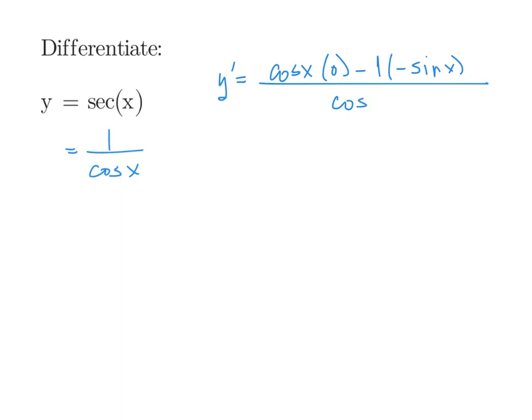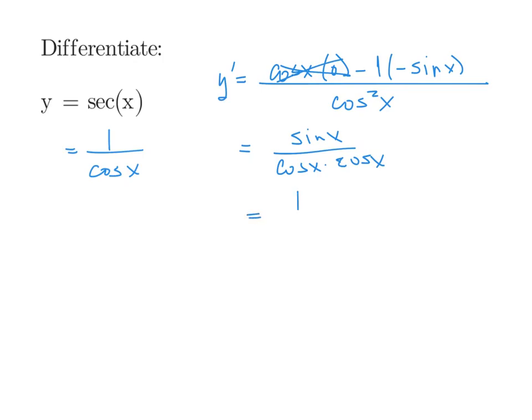So over cosine squared. When we clean this up, my first term is 0. So I'm just left with sine in the numerator and cosine squared in the denominator. I'm going to break that up as cosine times cosine, because I want to get rid of the fractions.